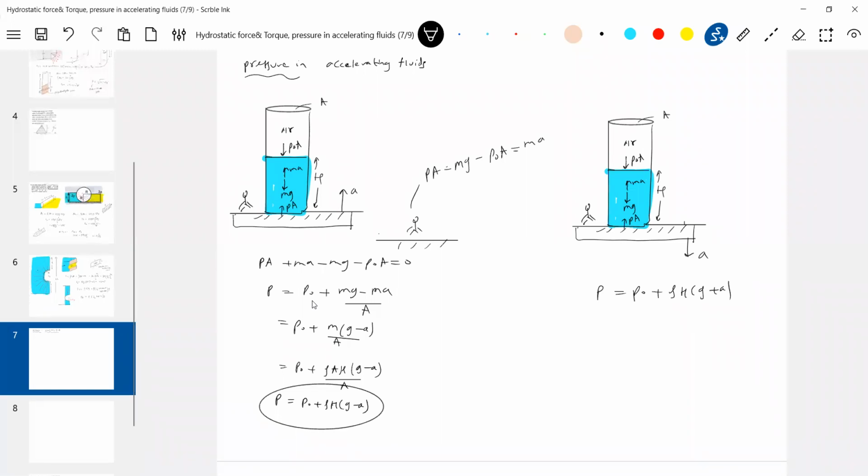I'm seeing nobody's objecting. How will the pseudo force act, downward? Nobody is objecting. I was just waiting. Anybody will say that no, sir, it should be that one. Nobody is alert. If it is accelerating up, how will the pseudo force act? It should be downward, no? So this should be the acceleration of the platform. This is correct. So what I wrote is for this one.